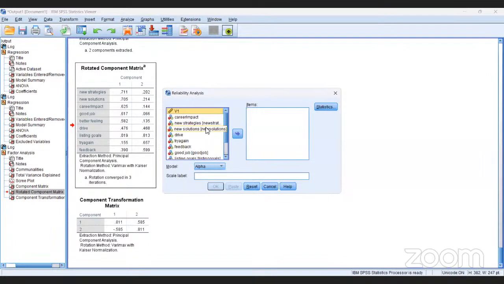Now you tell me what about the things I have told. New strategies. Is it visible to you? Yes, sir. New strategies. Next one. New solution. Career impact.